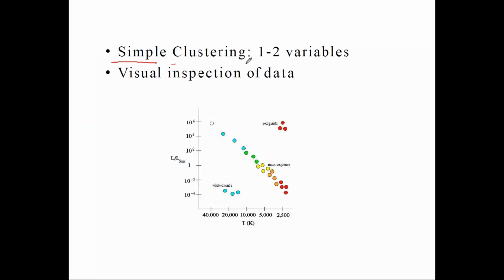Simple clustering, 1 to 2 variables. If you just see this data, visual inspection of data, how many clusters can we form just by seeing this? 4 clusters.